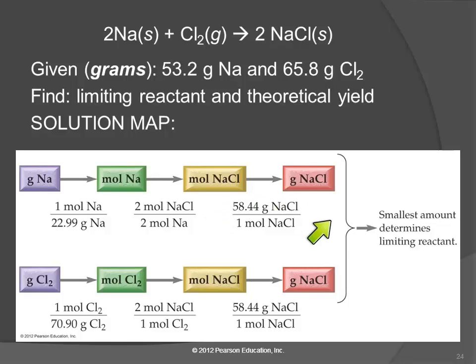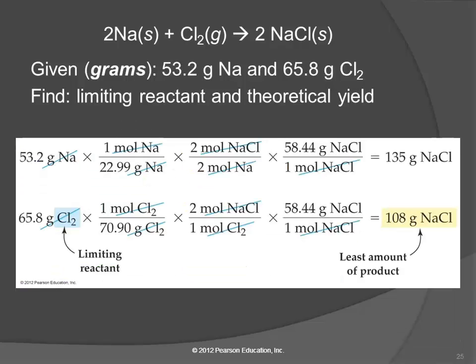So we calculate these, and then we're finding the smallest amount. So here they are all written out. We see that from the sodium we could make 135 grams of salt, and from using up all the chlorine we could make 108 grams. So the theoretical yield is the smaller amount, because like when you're making pancakes, when you run out of an ingredient, you have to stop making pancakes.